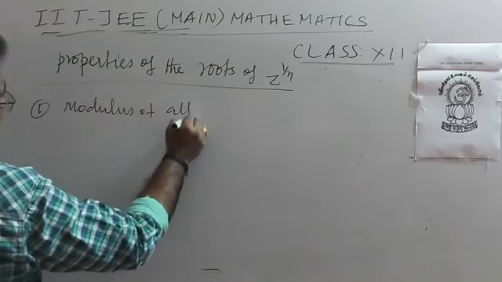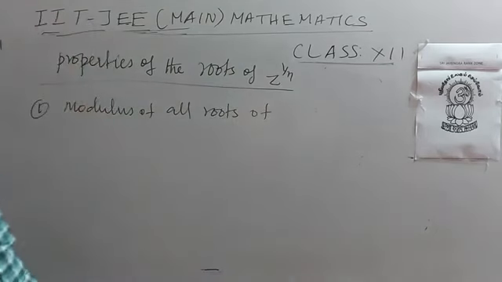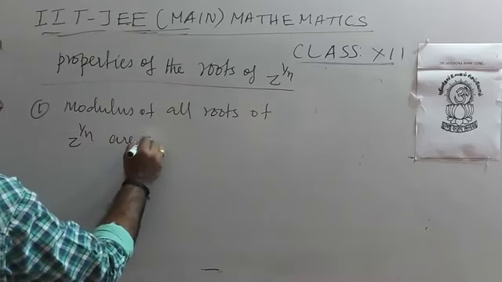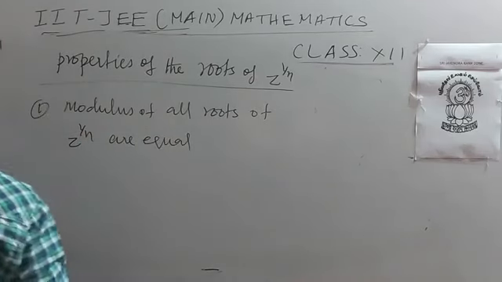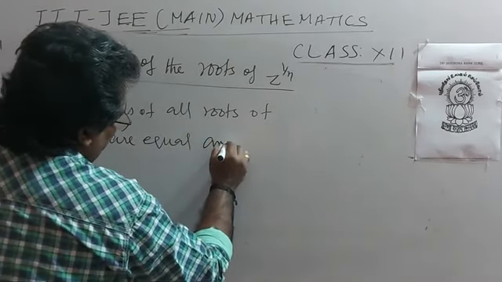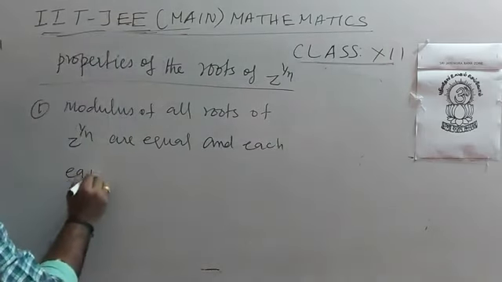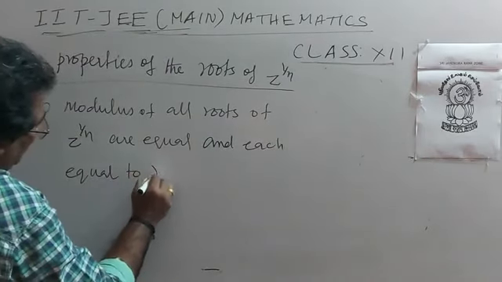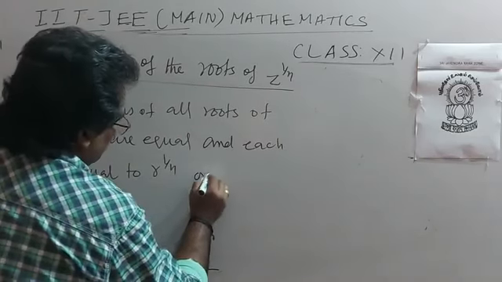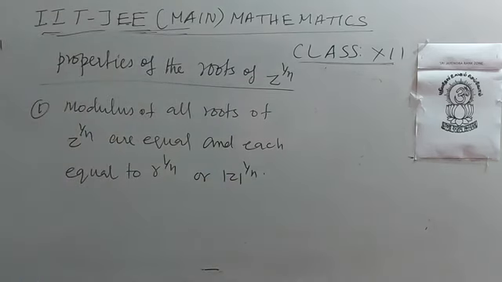Modulus of all roots of z power 1 by n are equal, and each equal to r power 1 by n or modulus z whole power 1 by n.